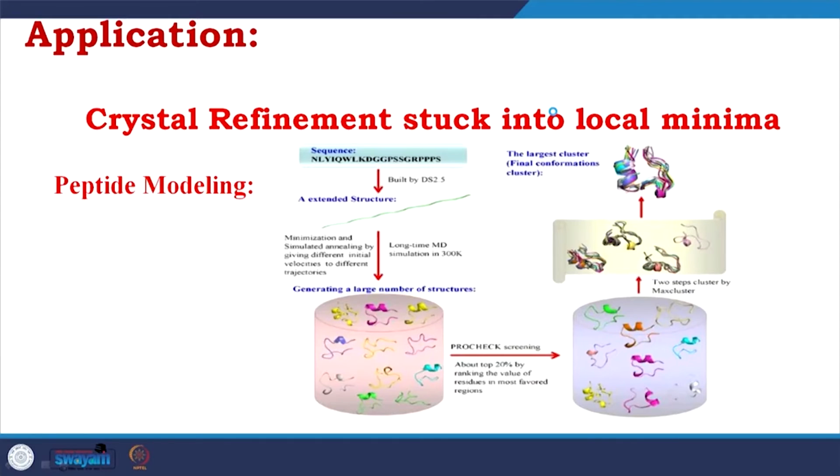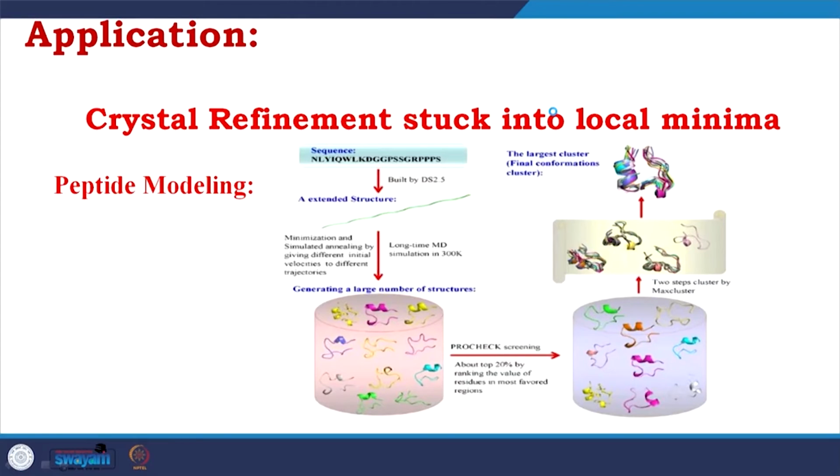So, that is why here is a peptide modeling algorithm which is taking the sequence, and then instead of doing long time MD simulation, it is doing minimization and simulated annealing by giving different initial velocities to different trajectories.